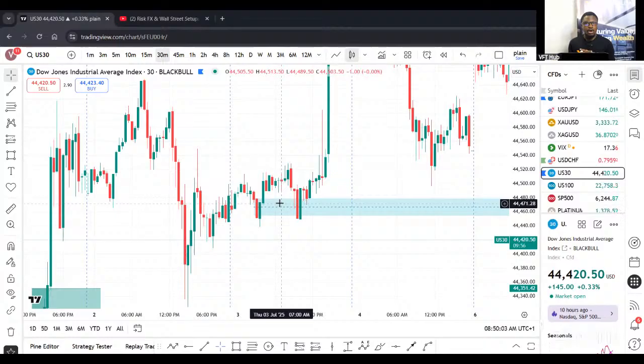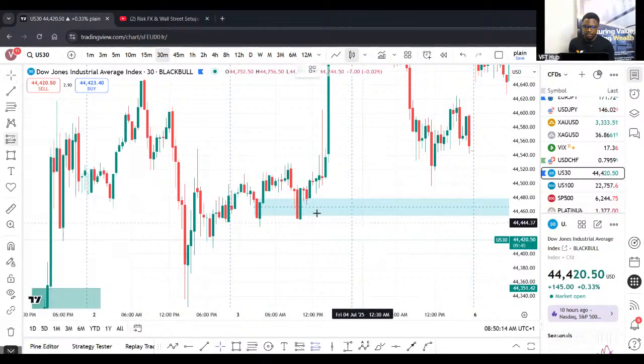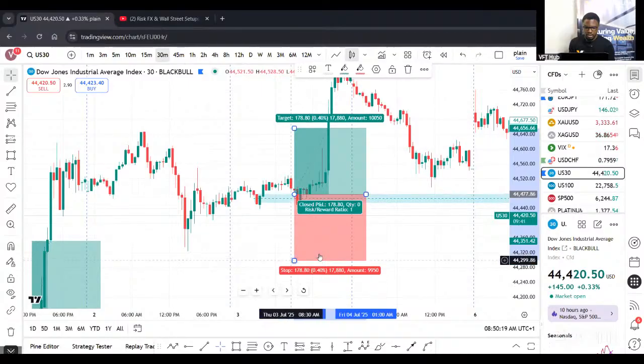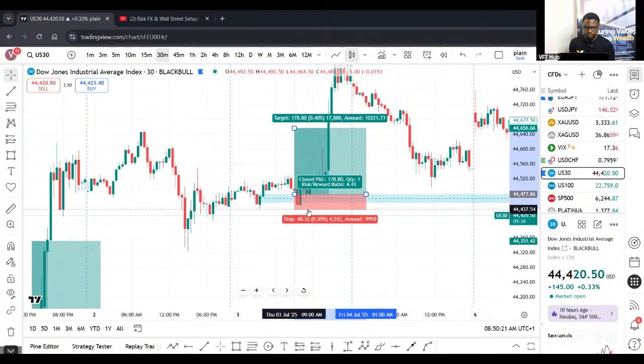Using this frame of mind, we were able to scout the closest order block, and this was the zone. Before even the New York session, we were already significantly out of this market.